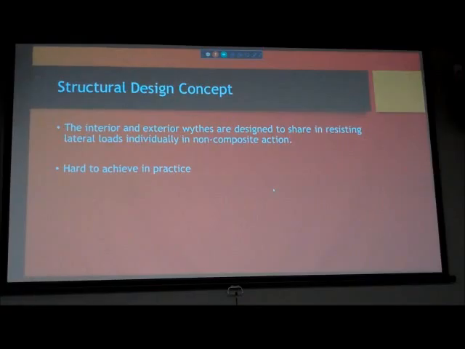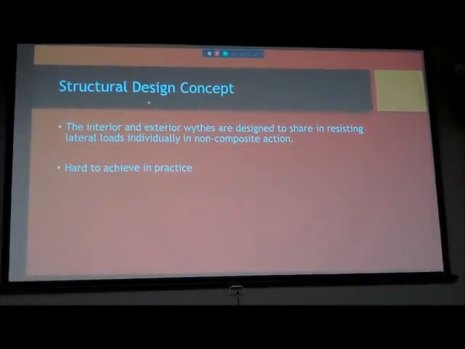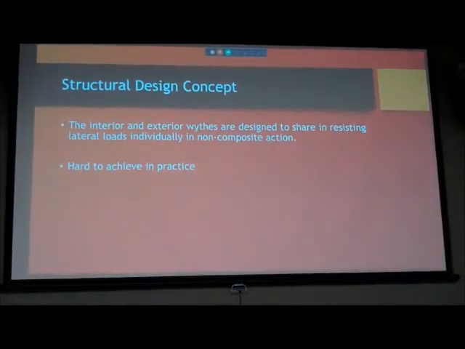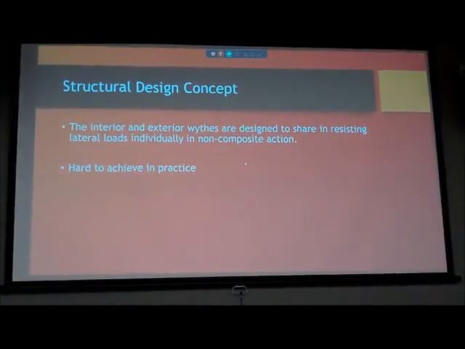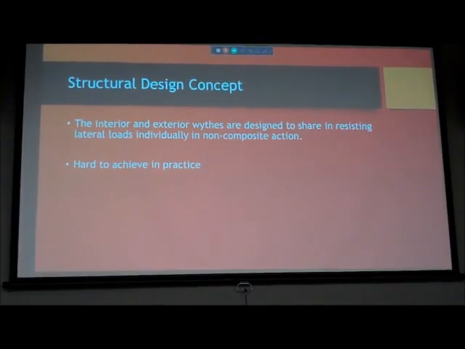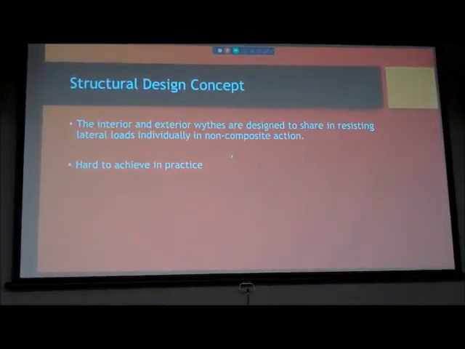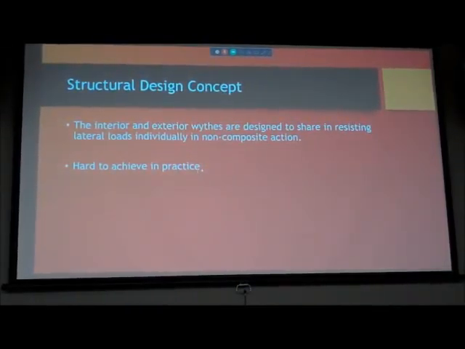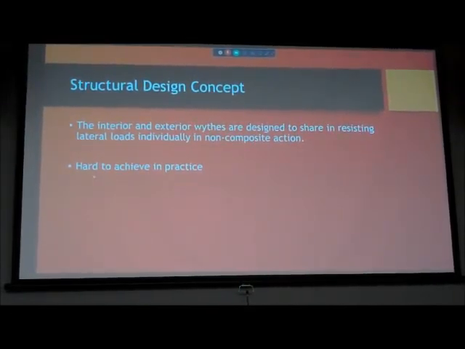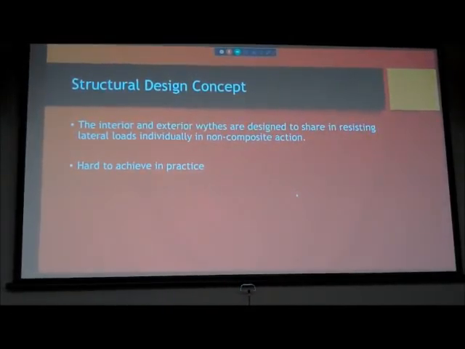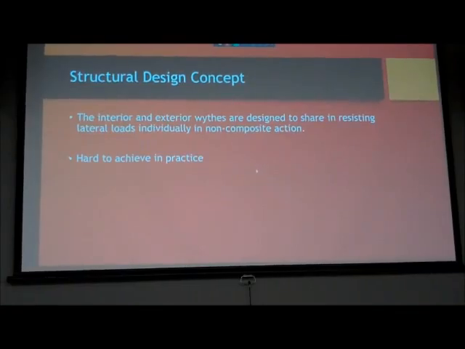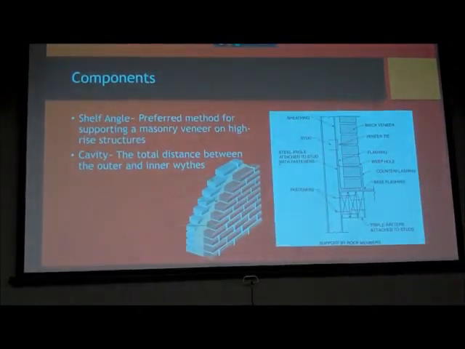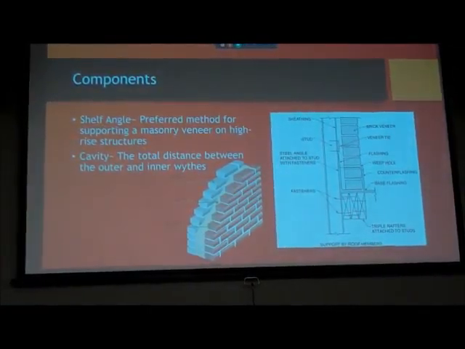The structural design concept behind a veneer and cavity wall is that the interior and exterior wythe need to share in resisting lateral loads, which means they need to be connected, which is hard to achieve in practice. So we use all the other components that I'm going to talk about to connect them and make them work together.